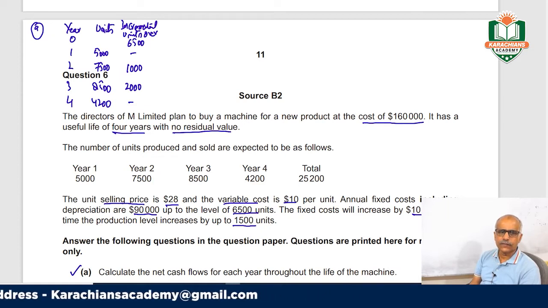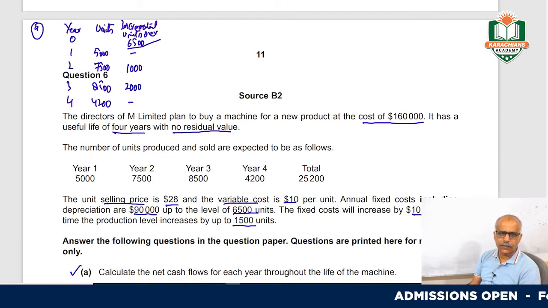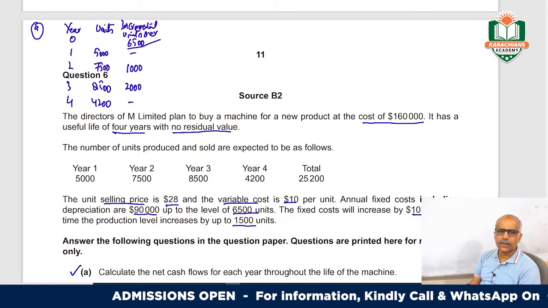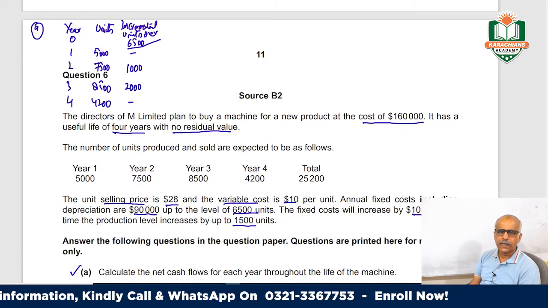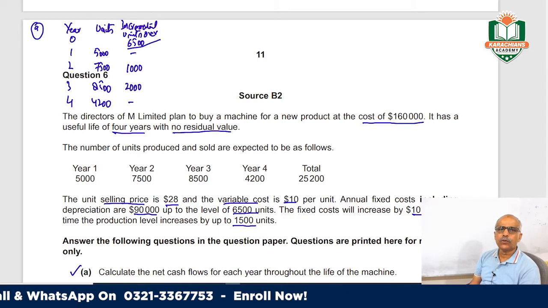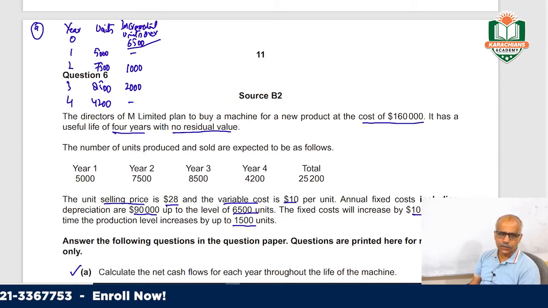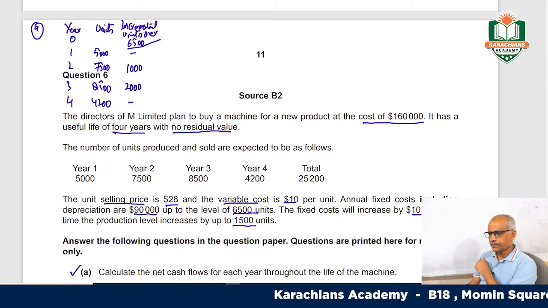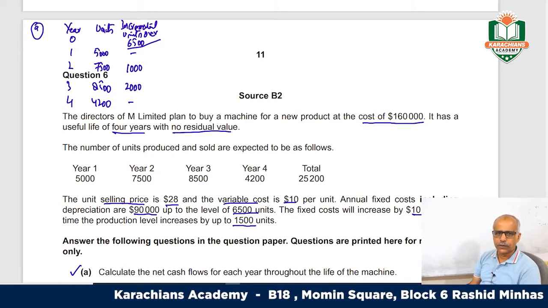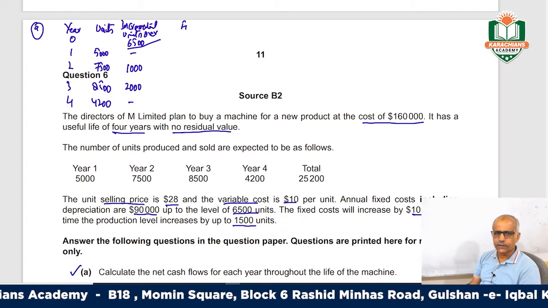In year 1, zero. In year 2, 7,500 minus 6,500 is 1,000 units over 6,500. In year 3, 8,500 minus 6,500 is 2,000 units over 6,500. In years 2 and 3 you are producing more than 6,500. These are the incremental units, and we will calculate the fixed cost.